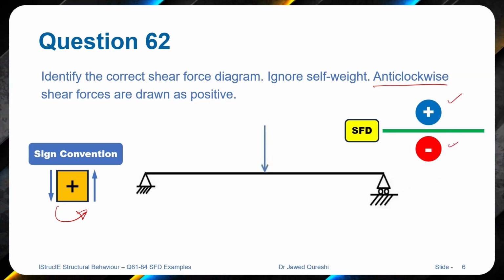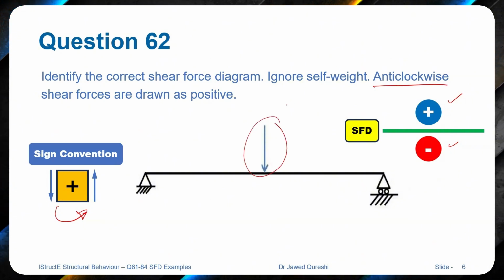Now this is a very simple example that every civil and structural engineer should know, and I will not be spending too much time explaining this question. We have a load applied here. The load applied is, say, the load of a person, a 100 kg person. So 100 kg will be equal to 1 kilonewton.